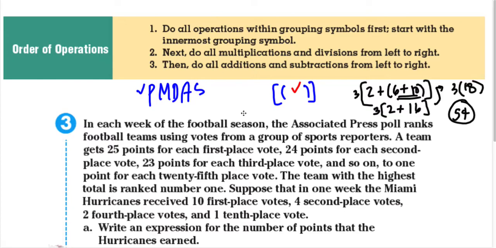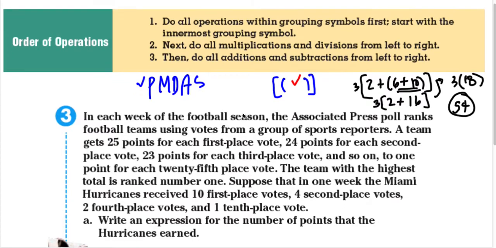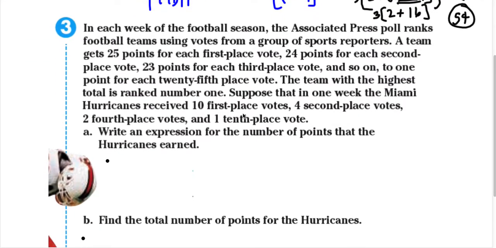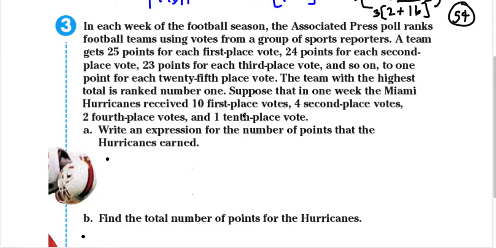In example number 3, in each week of the football season, the AP poll ranks football teams using votes from a group of sports reporters. A team gets 25 points for each first place vote, 24 points for each second place vote, 23 points for each third place vote, and so on, to 1 point for each 25th place vote.